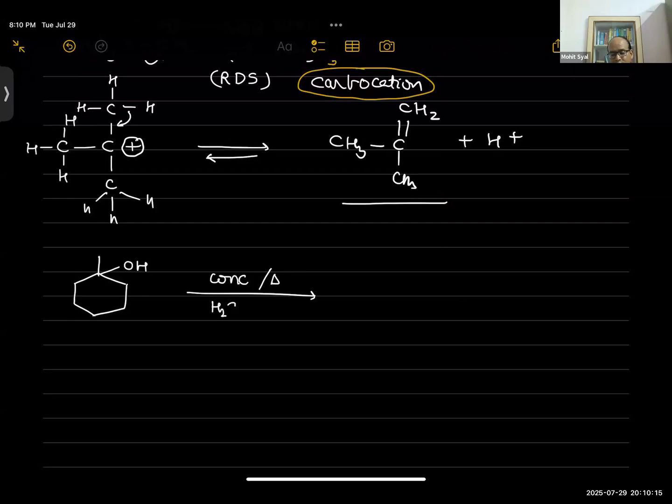H2SO4, right? And Jasleen and Marwa, there were two alkenes. OH is here. I can remove the H plus like this to get an alkene, or I can remove the H plus from the ring.